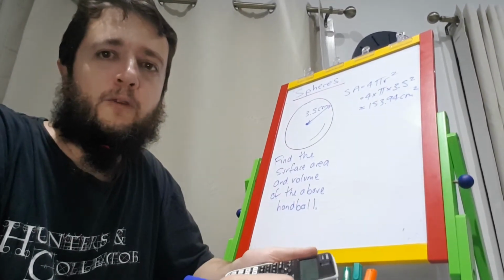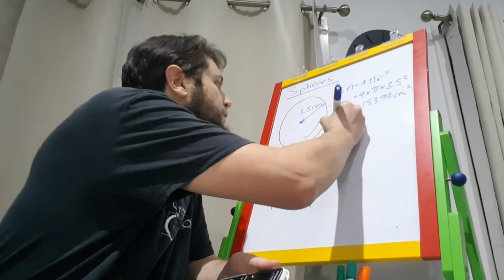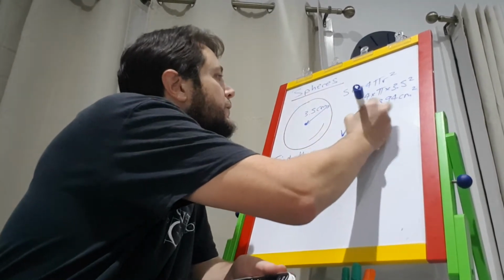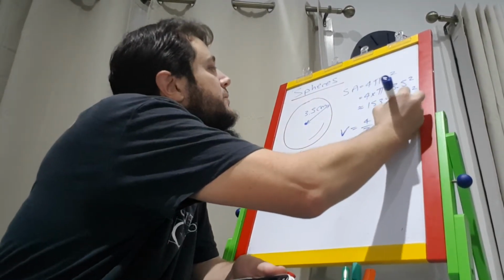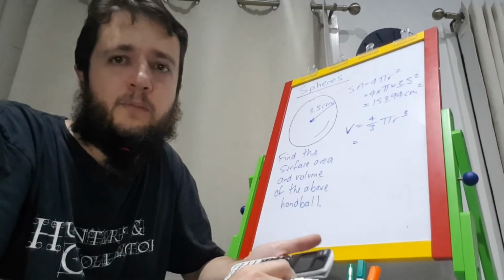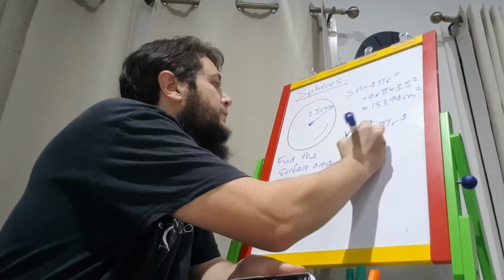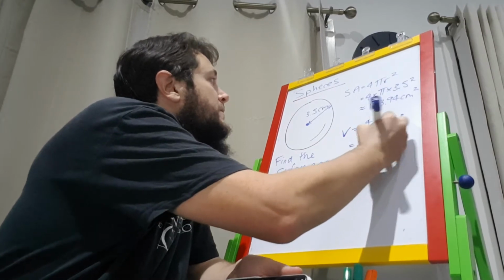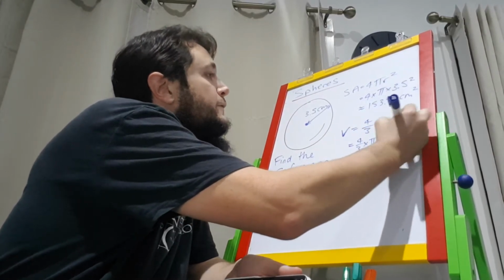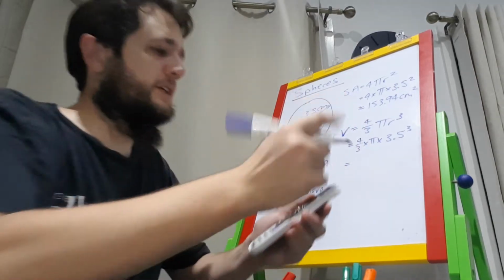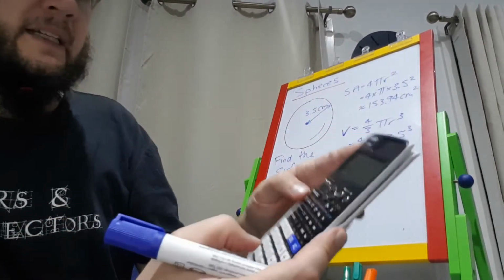Volume is the second formula you need to learn today. So volume is simply 4 over 3 pi r cubed. Again, the only thing you need to put in this formula is the radius. So it's 4 over 3 times pi times the radius, which is 3.5 to the power of 3. So we're going to put that in our calculator.